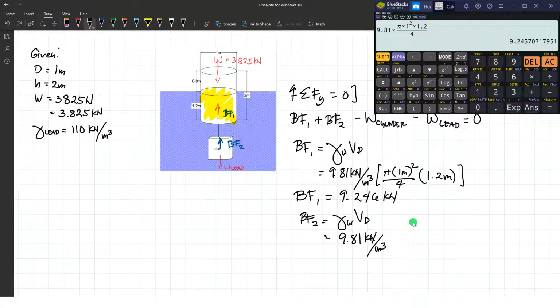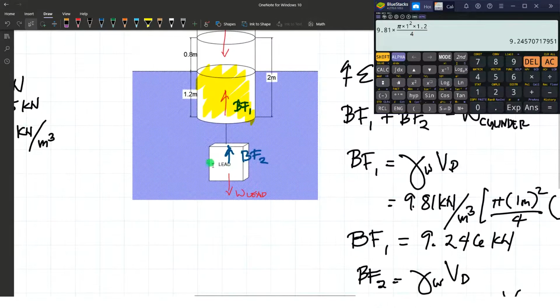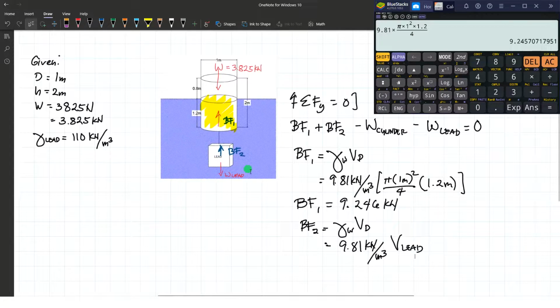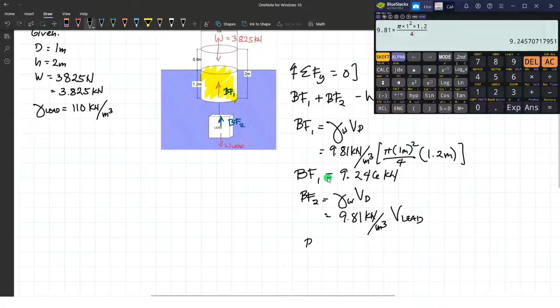The volume displaced here is just the volume of the lead, since the lead is fully submerged in water. Okay, so we cannot solve buoyant force 2 yet, since the volume of the lead is unknown.